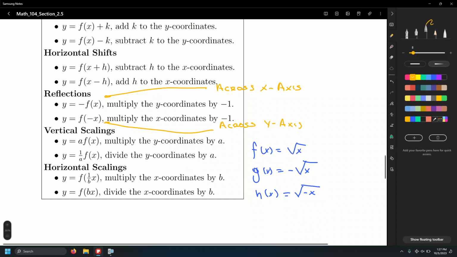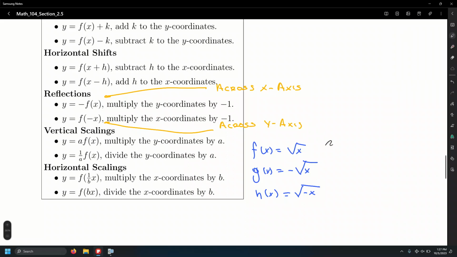The first one is just the parent graph, and then reflected across the x-axis.